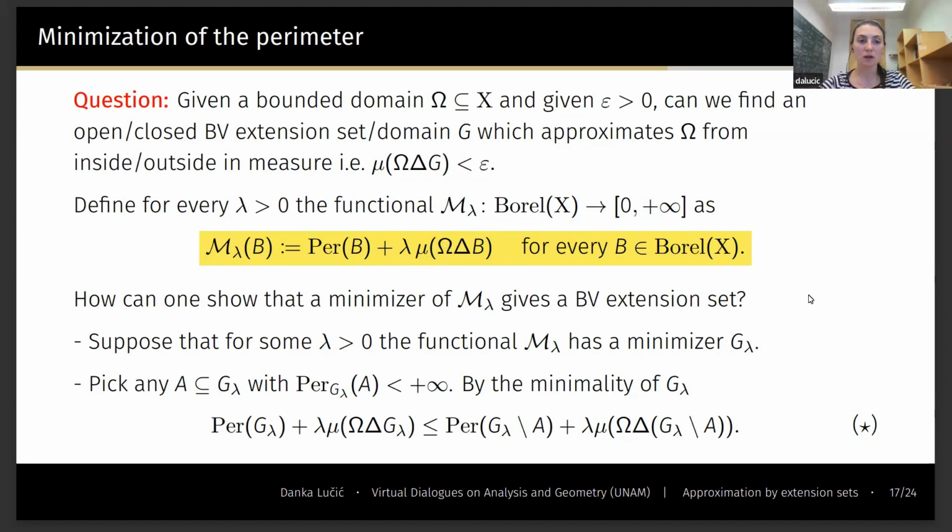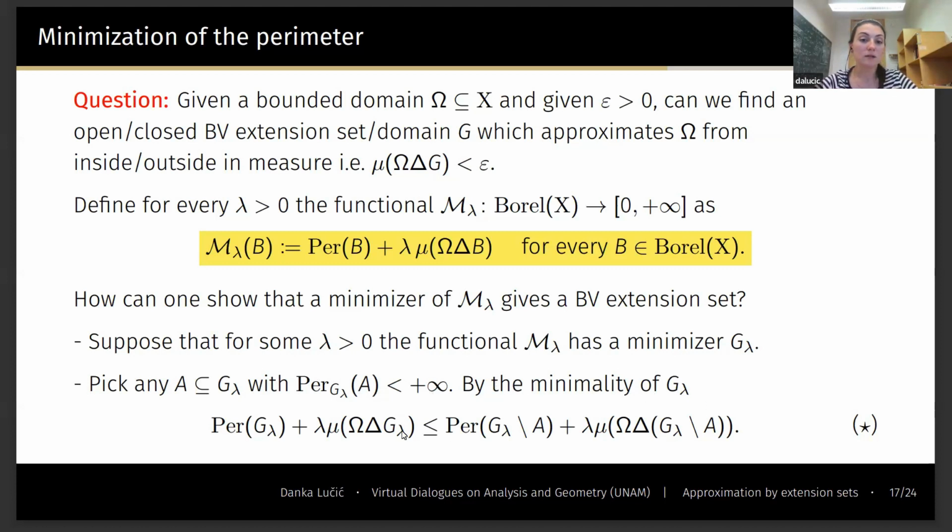Now, first of all, let's forget for the moment about the approximation in measure, but see how one can show that a minimizer of this functional can give you an extension set for BV functions. So suppose that for some lambda, this functional has a minimizer. Now pick any subset of your minimizer G_lambda whose perimeter in G_lambda is finite.